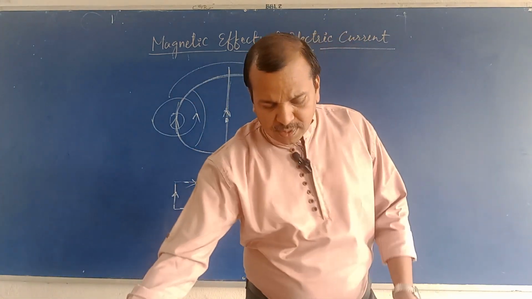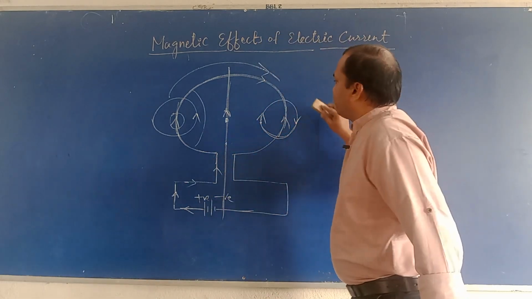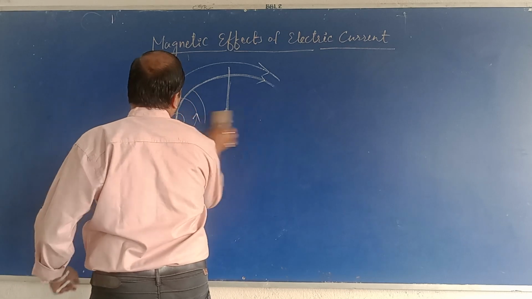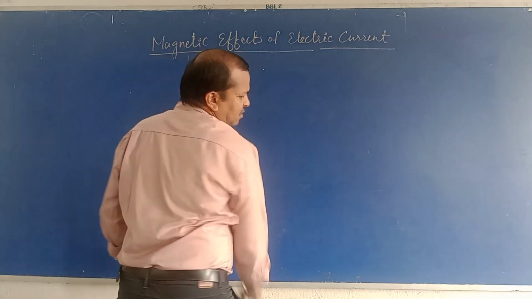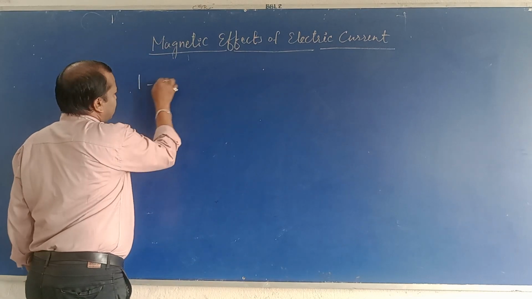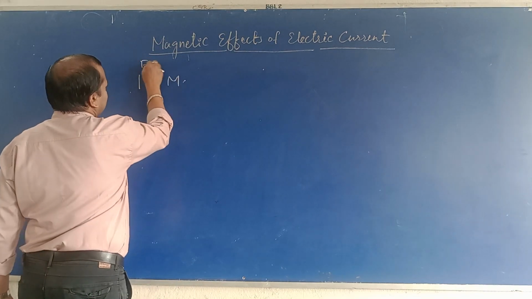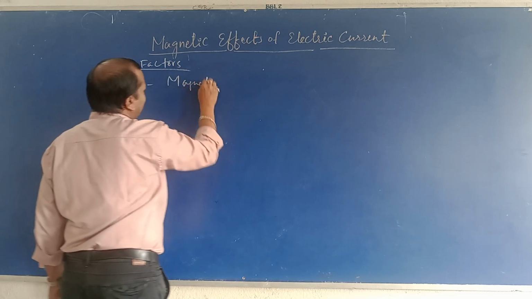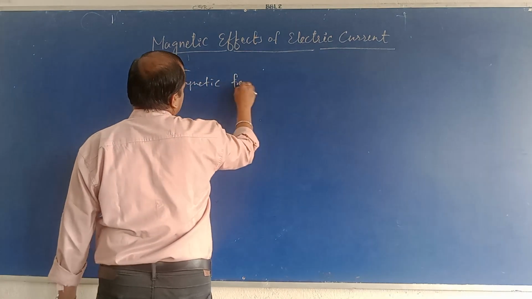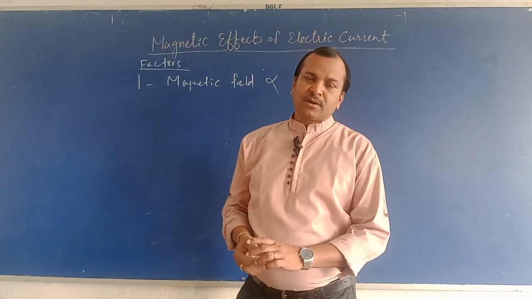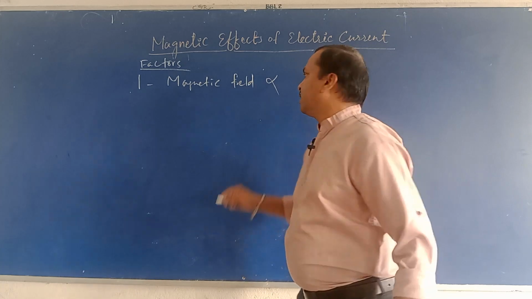Clear? So now, what are the factors affecting the magnetic field? First, the magnetic field is directly proportional to the current passing through the conductor.